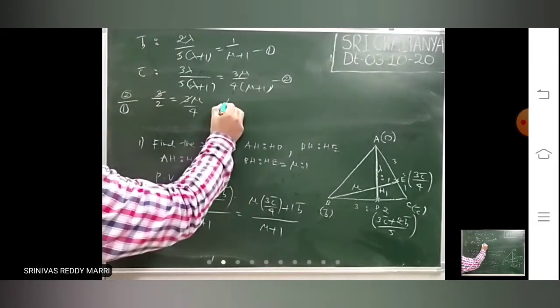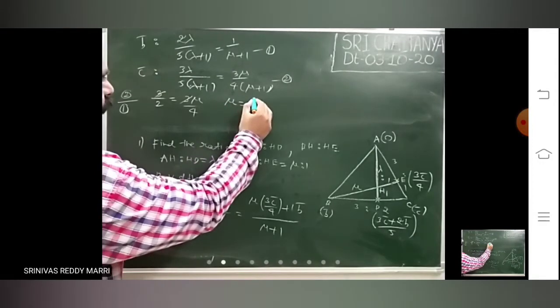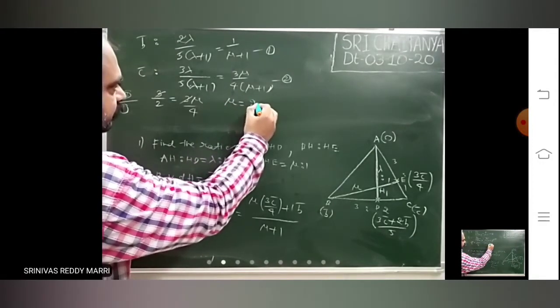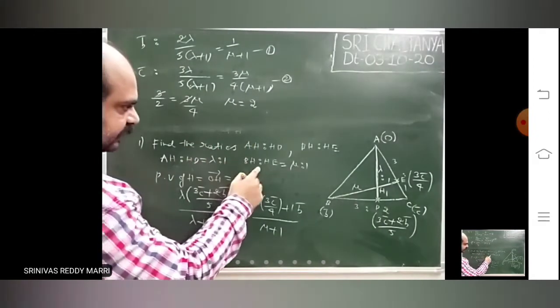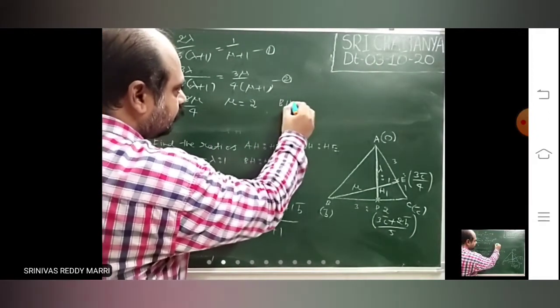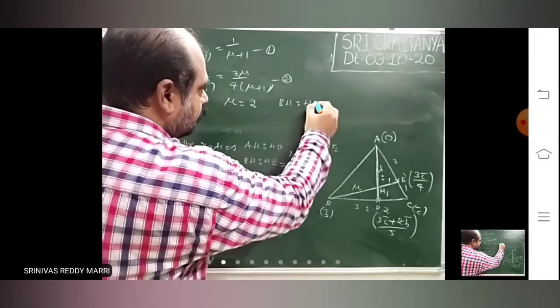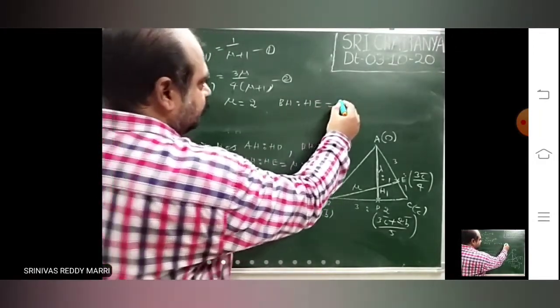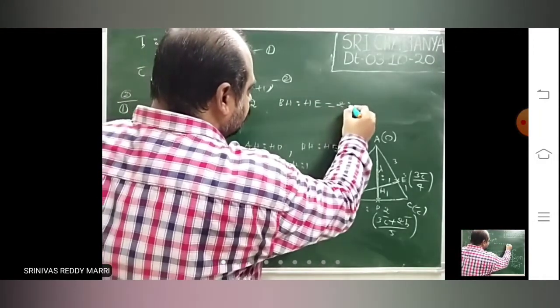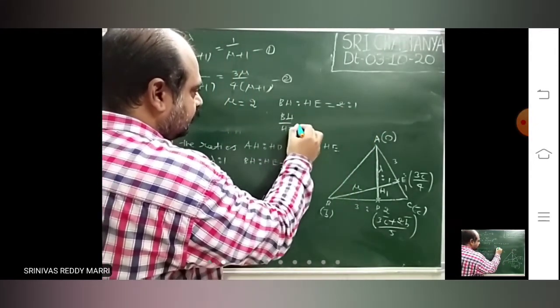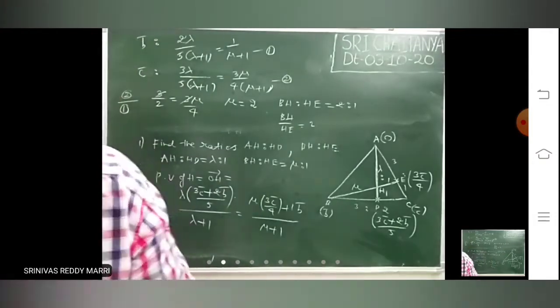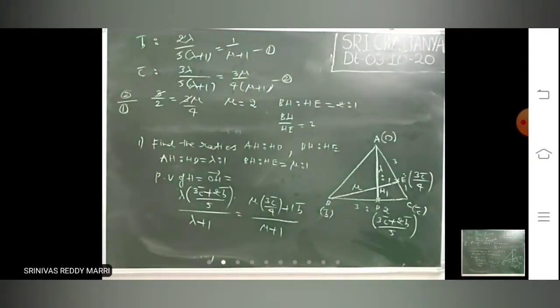So that means mu equal to 2. Mu equal to 2 means mu is to 1 is 2 is to 1. That means your required ratio is nothing but 2.